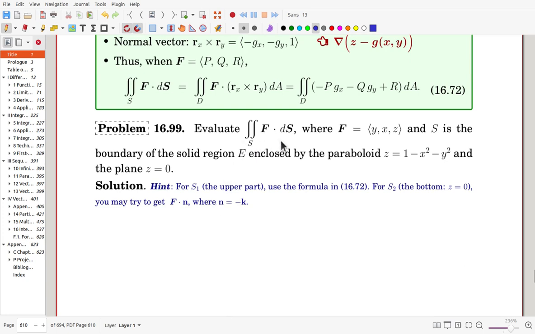Okay, evaluate this flux where F is y, x, z, and S is the boundary of the solid region enclosed by the paraboloid and the plane z equals 0. So that is a closed surface. Let's try to visualize it.